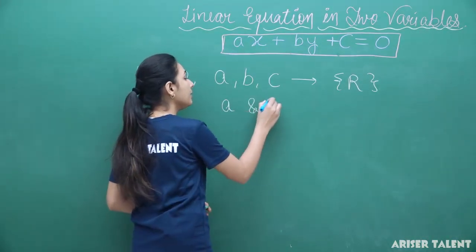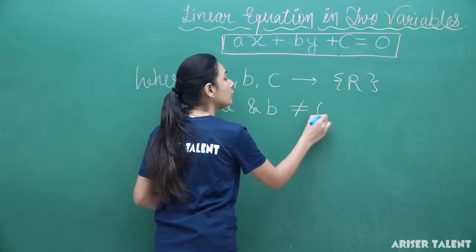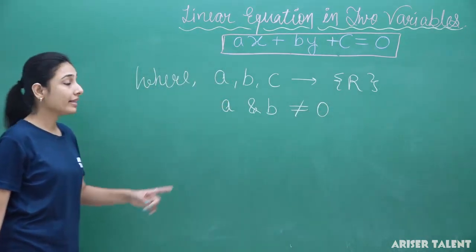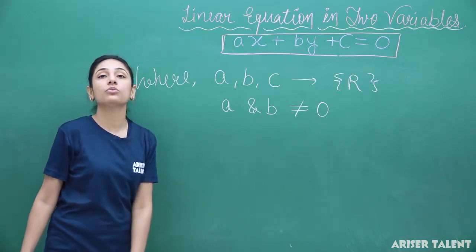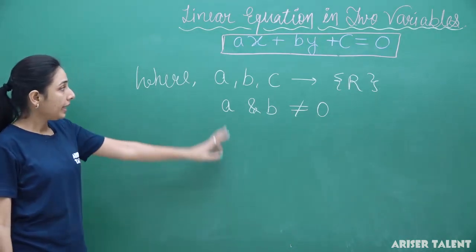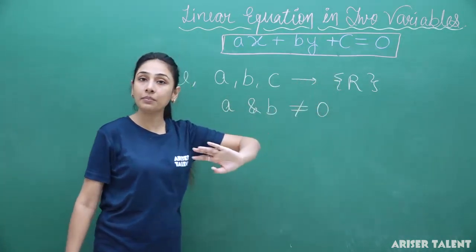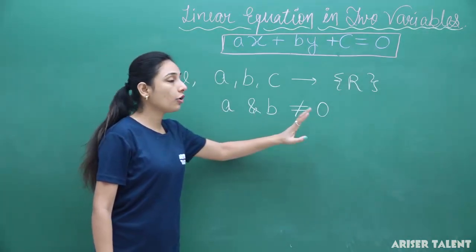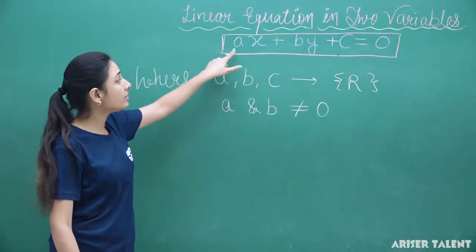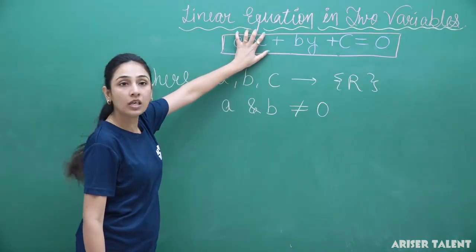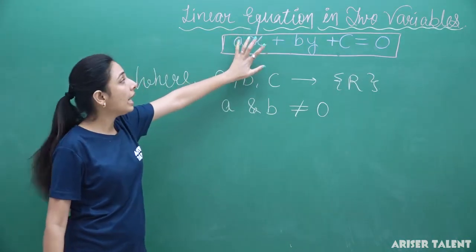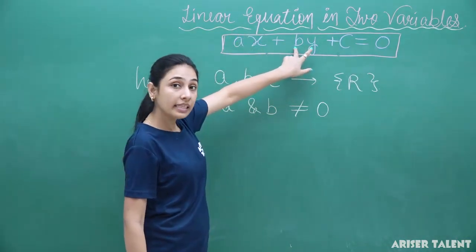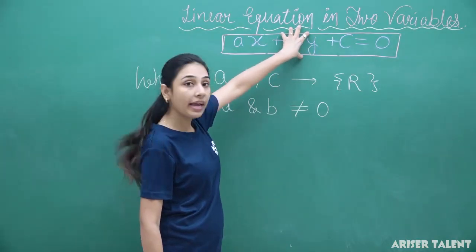A and B cannot be equal to 0. Again, A and B cannot be equal to 0. A, B, C have to be real numbers and A and B cannot be 0, because if A is 0, that means there is no term of x actually, and if B is 0, that means there is no term of y actually.